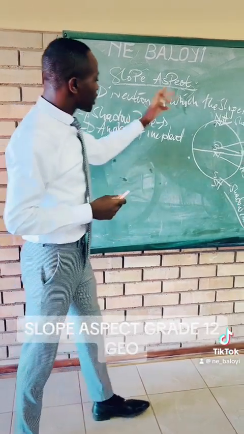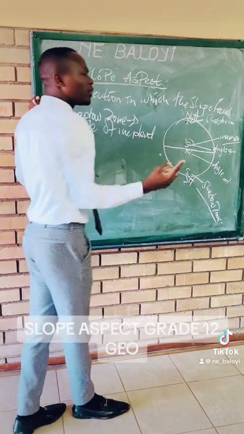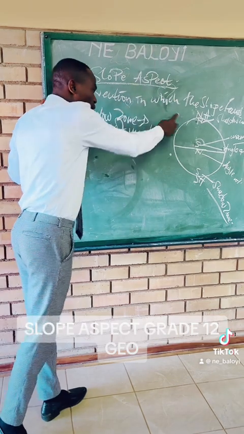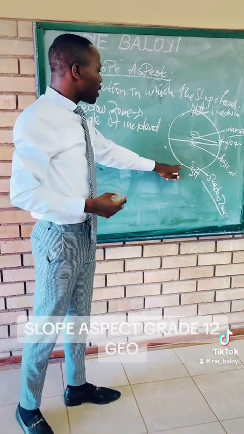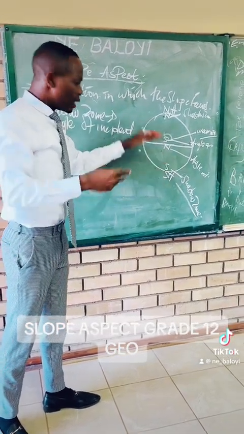If you check here, we come to the conclusion that the north of the northern hemisphere is colder than the south of the northern hemisphere, and the north of the southern hemisphere is warmer than the south of the southern hemisphere.